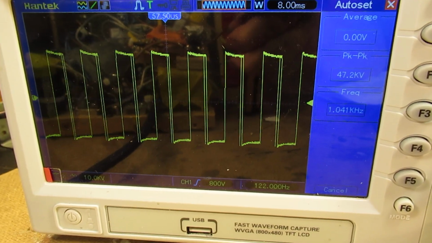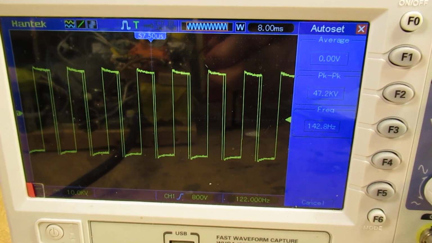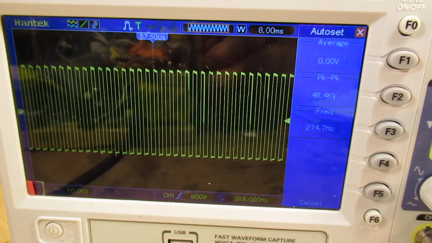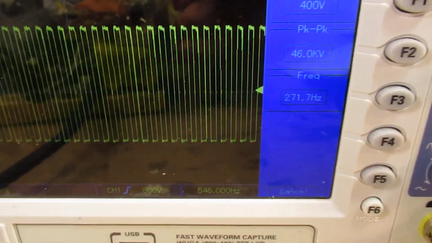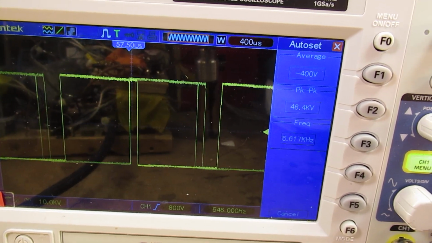So, switch now to position 2 of the mains frequency switch. We are on 546 Hertz and the waveform is very okay.